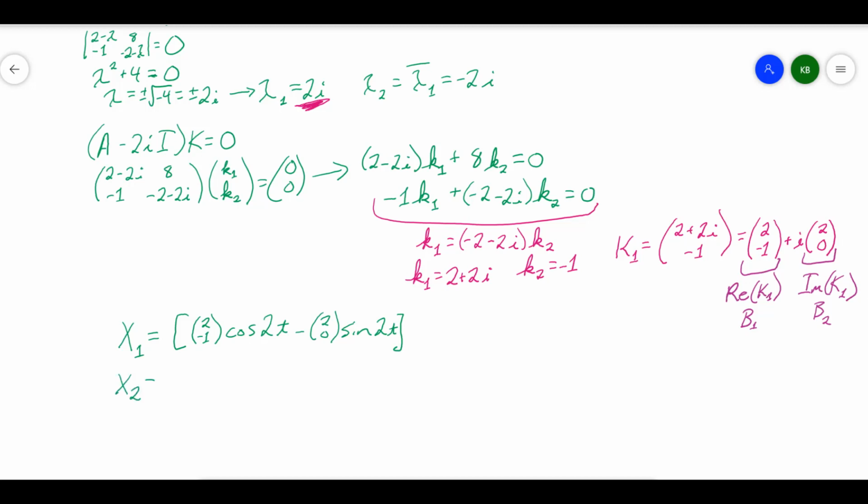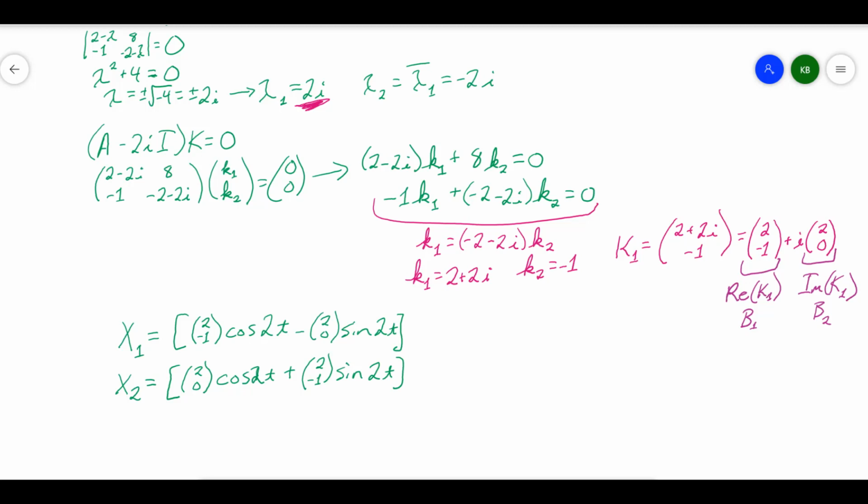Our x2 is going to be b2, our 2, 0, that imaginary part of our eigenvector, paired with cosine of beta t, plus b1, so that real part, the 2, negative 1 part, paired with sine of beta t.